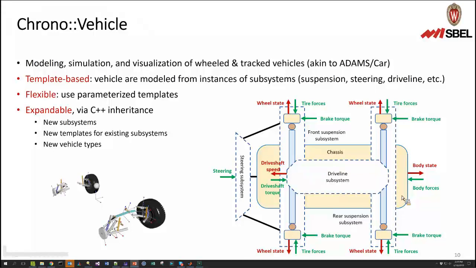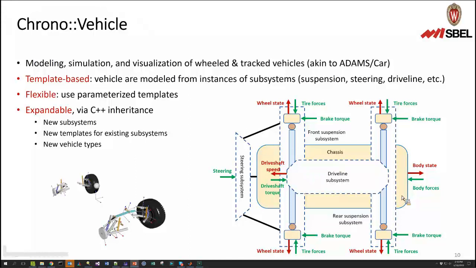The advantage of that, beyond being able to run a model soon after you pick up Chrono, is that this template-based approach prevents you from making all sorts of mistakes that usually crop up when you start from scratch and model a suspension piece by piece.